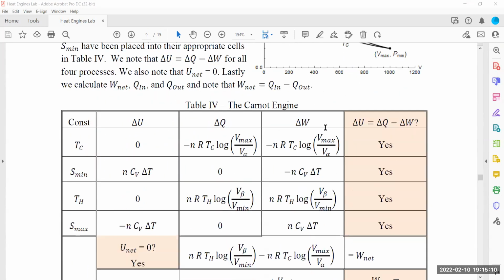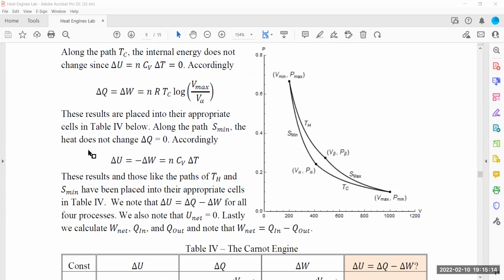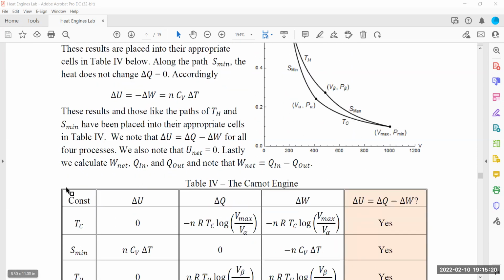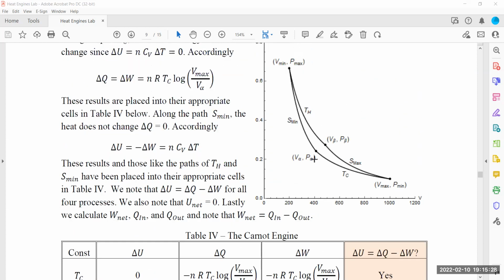And we did everything for this engine except at constant TC, the first part, here is constant TC, in this compression stage. So you have 4 processes: constant TC, constant S min, the entropy is minimal, constant TH, and constant S max.